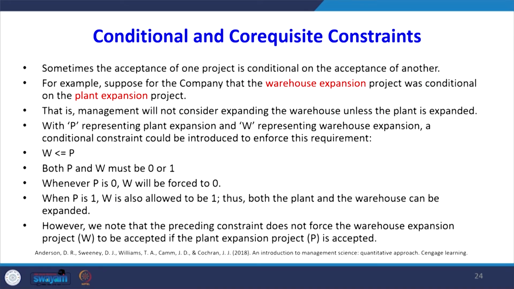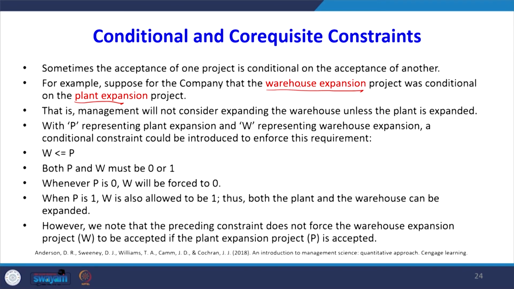Another topic is how to write conditional and co-requisite constraints. Sometimes the acceptance of one project is conditional on the acceptance of another. For example, the company's warehouse expansion project was conditional on the plant expansion. Generally in a practical context, whenever there is a plant expansion, then only should you go for warehouse expansion.